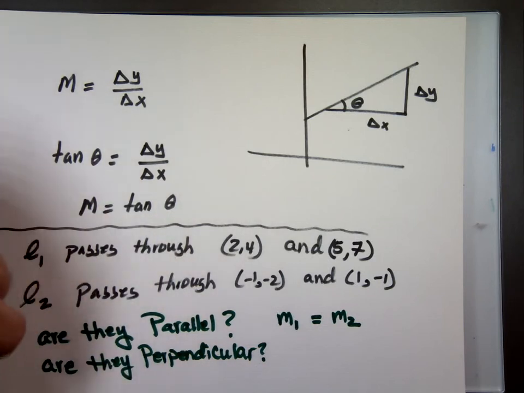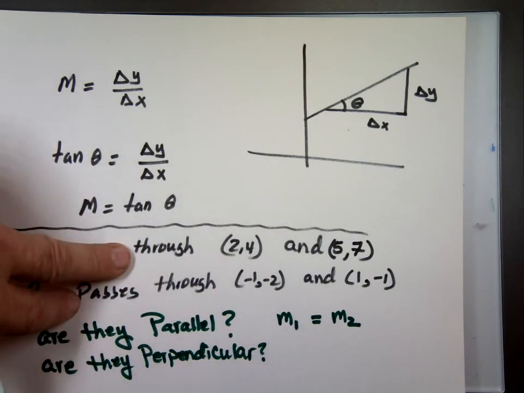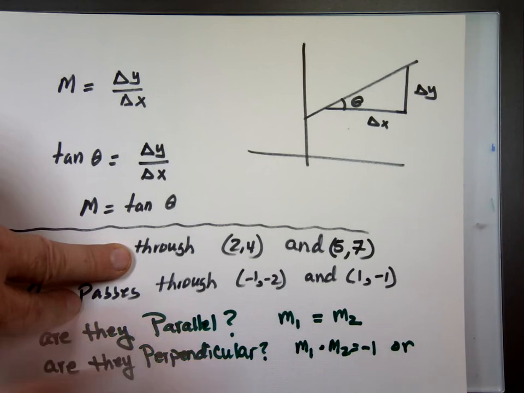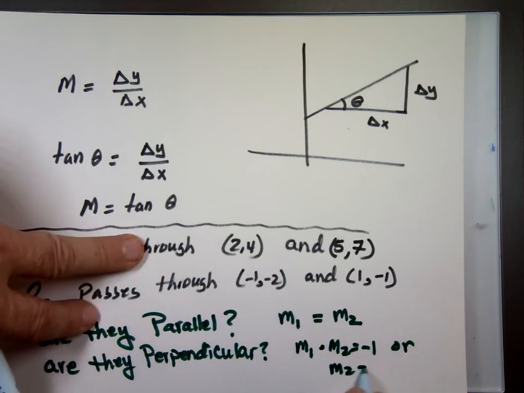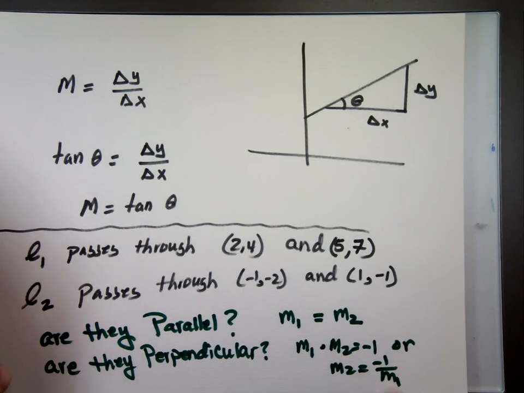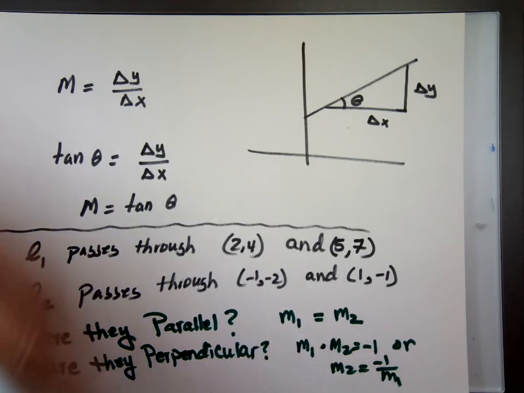The rule says M1 times M2 is negative 1, or M2 is minus 1 over M1. Either way. If you multiply the two slopes, the answer is minus 1, they are perpendicular. Or the slope of the second one is negative 1 over the slope of the first one. Either way, it's the same thing. We're just playing with the math. And if it's not this, it's not that, it's the other option. It's neither.